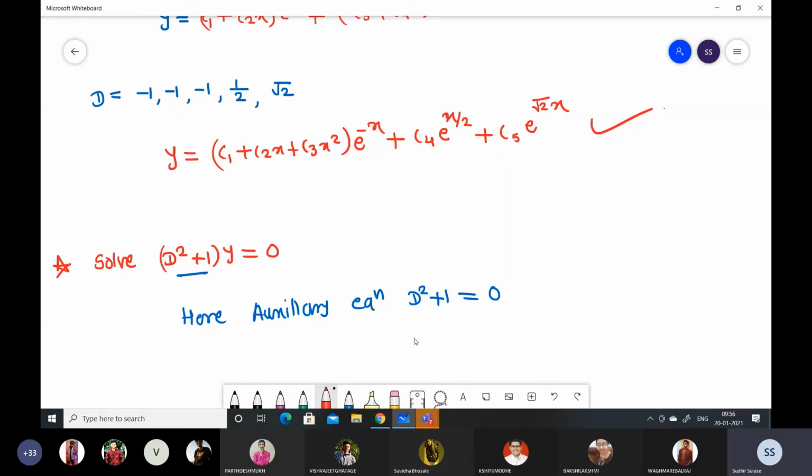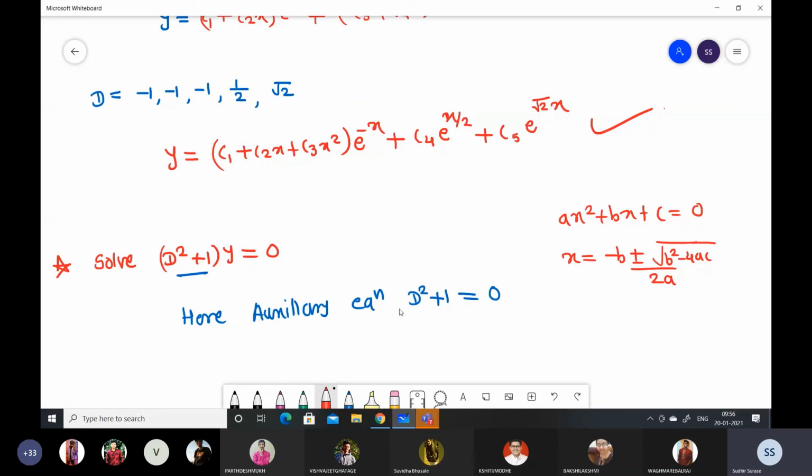You are quite familiar with the quadratic formula, right? If you have ax squared plus bx plus c is equal to 0, then roots are given by x is equal to minus b plus minus square root of b square minus 4 times ac, divided by 2 times a, right? Now just compare this. Instead of x we have d here.